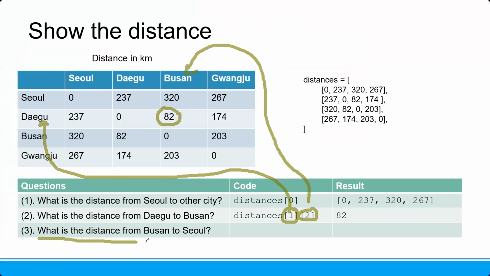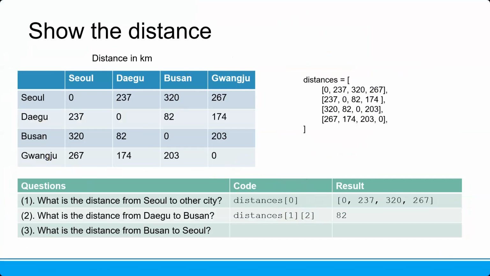So what is the distance from Busan to Seoul? So what is the code? It is distances. Which index is Busan? We have Seoul as index 0, Daegu as index 1, and Busan as index 2.